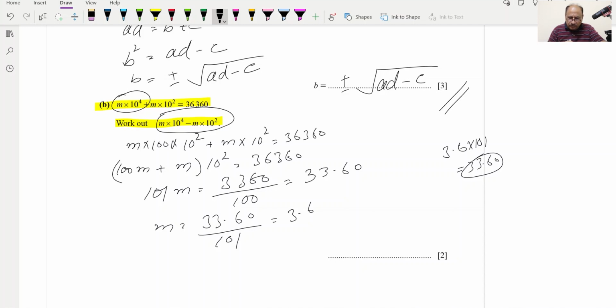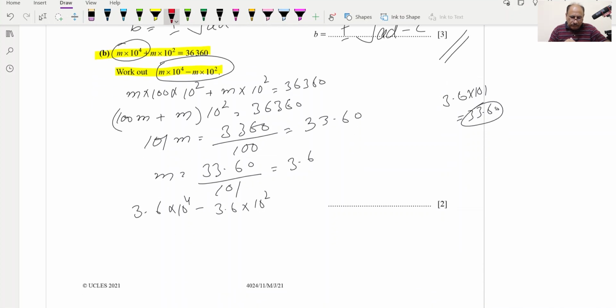This will be equal to 3.6 into 10 raised to 4 minus, m value is again 3.6, into 10 raised to 2, and we can rewrite it as 36000 minus 360, because 3.6 into 10 raised to 4 is this one, minus this will be 360. Basically we subtract: 36000 minus 360.